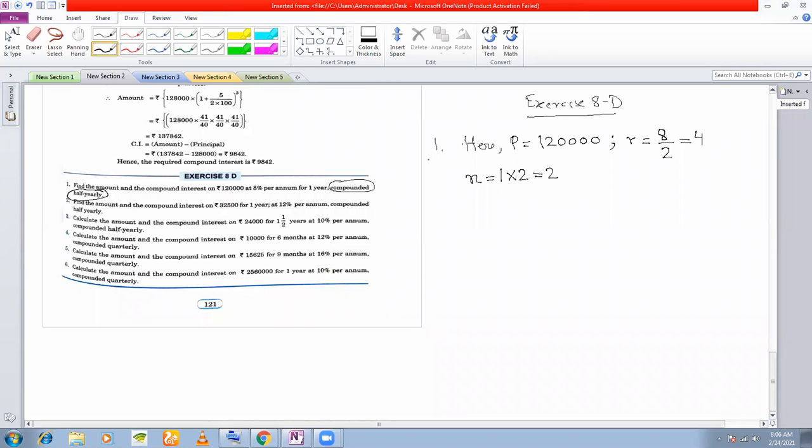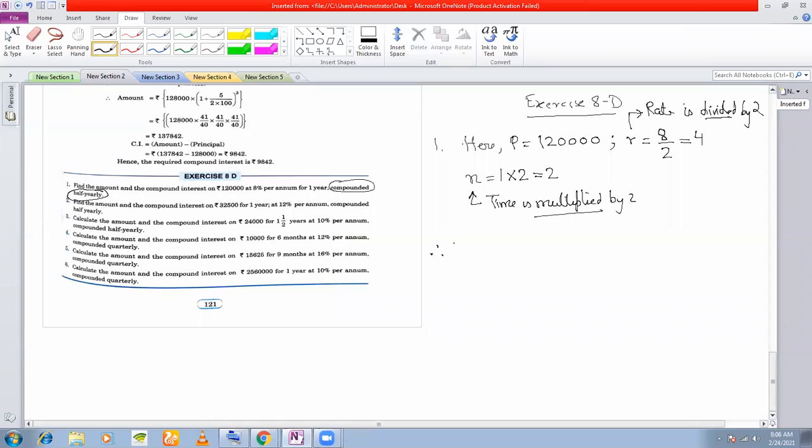Rate is divided by 2, and time here is multiplied by 2. Remember this, okay?